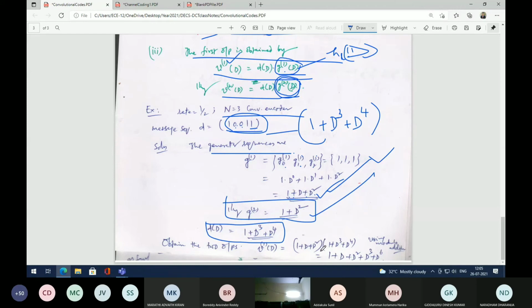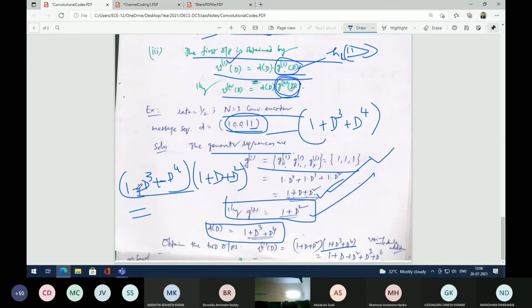Now I write the generator polynomial. I have to multiply 1 plus D cube plus D to the power of 4, which is my message sequence, into the generator polynomial 1 plus D square. This gives my output.